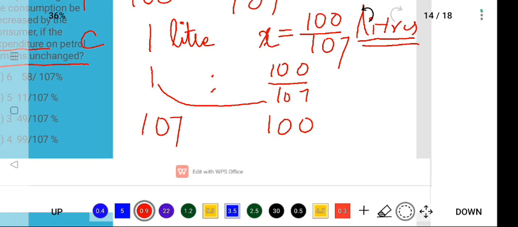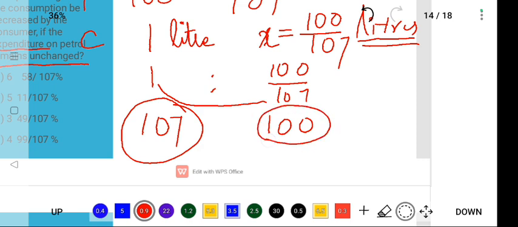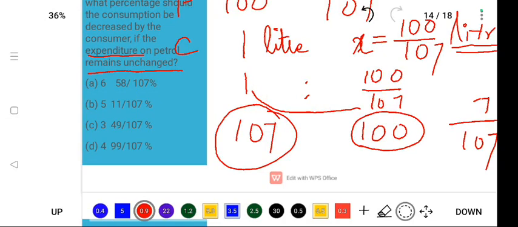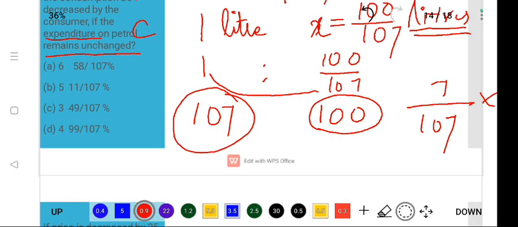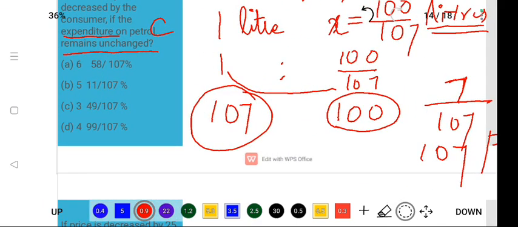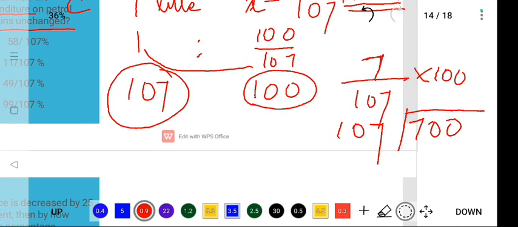So how much is reduced? Before they consumed 107 liters, now they consumed 100 liters. The 7 liters is reduced from 107, into 100. So the answer will be 7 divided by 107 into 100, so 700 by 107. What will be the answer? 107 into 6 times, only then 700 will come.